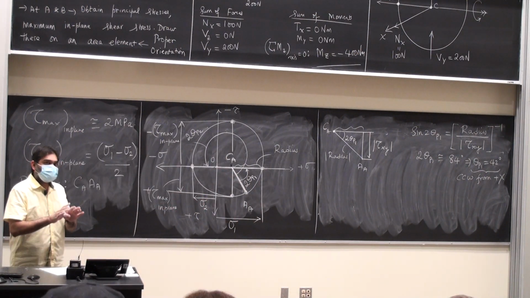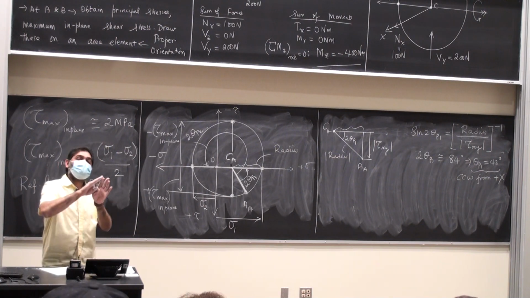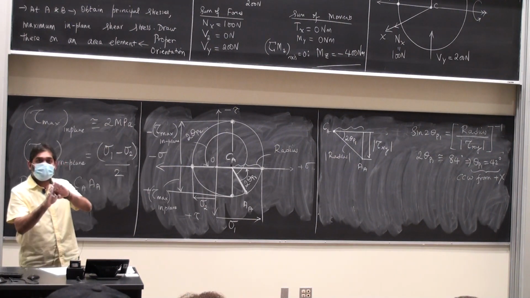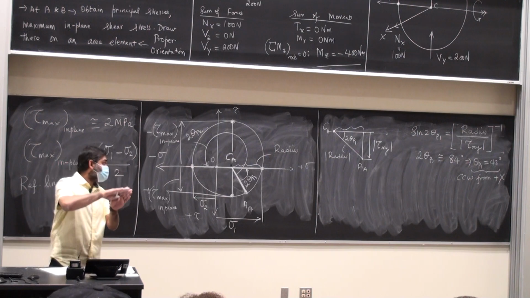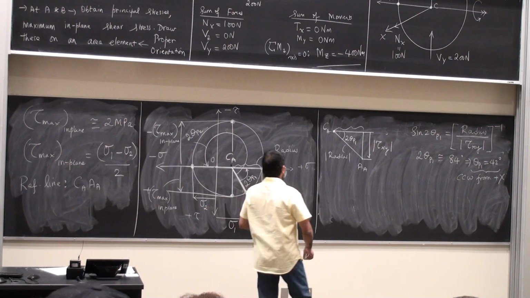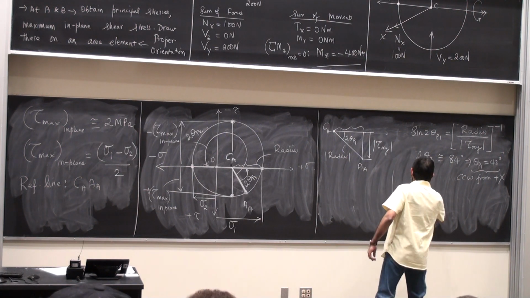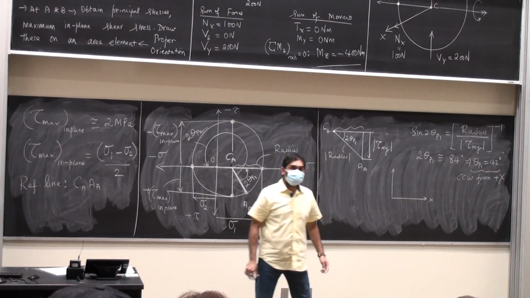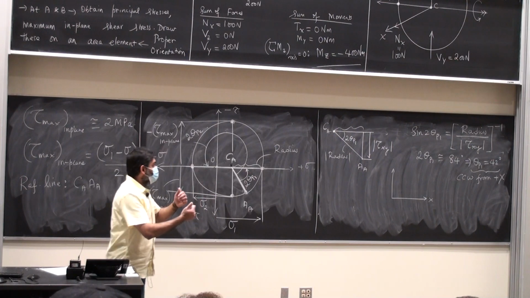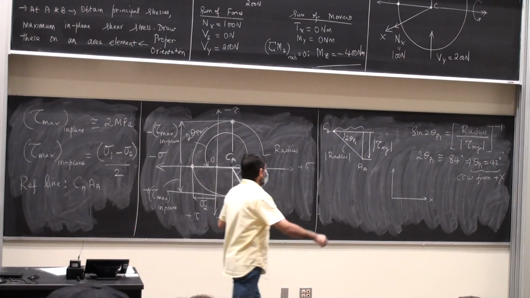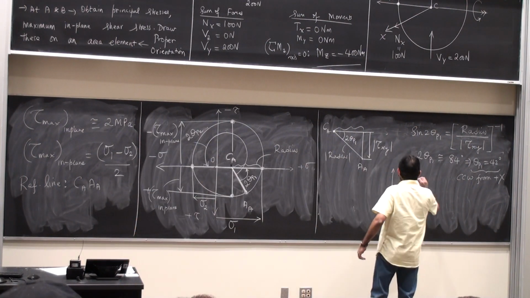But this is where the x-axis begins, and so this is going to be rotated. The plane containing the principal stresses will be rotated counterclockwise by 42 degrees. I'm going to draw it out now. X and Y were this way, which means that 42 degrees counterclockwise is where my one axis is.